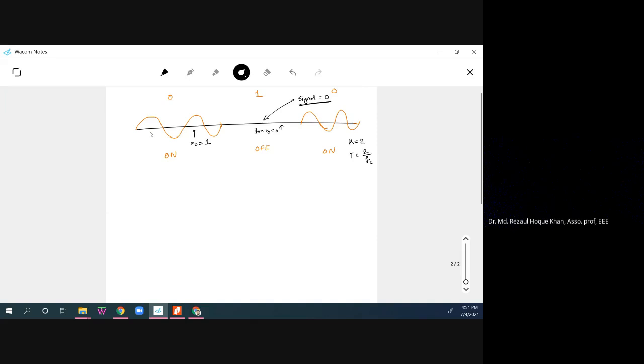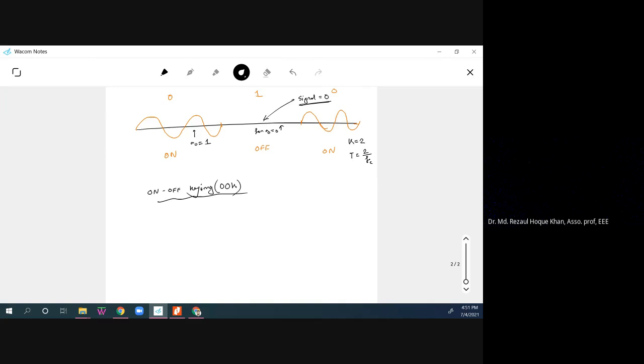Now you see this is the reason this amplitude shift keying is also called on off keying. So amplitude shift keying can also be termed as on off keying.